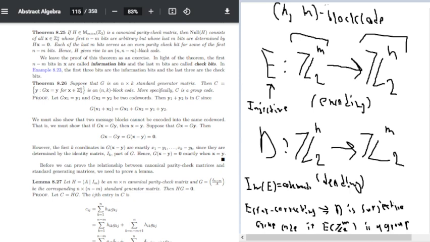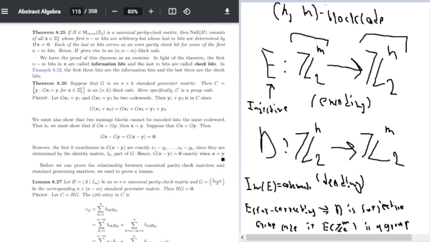Hence, H gives rise to an n, n minus m block code. We leave the proof of this theorem as an exercise. In light of the theorem, the first n minus m bits in x are called the information bits, and the last m bits are called the check bits. In example 8.23, the first 3 bits are the information bits, and the last 3 are the check bits.